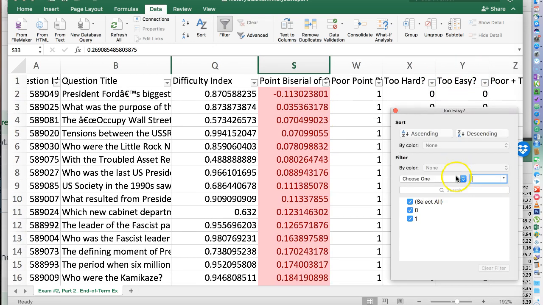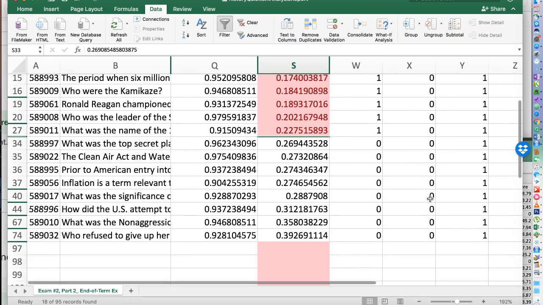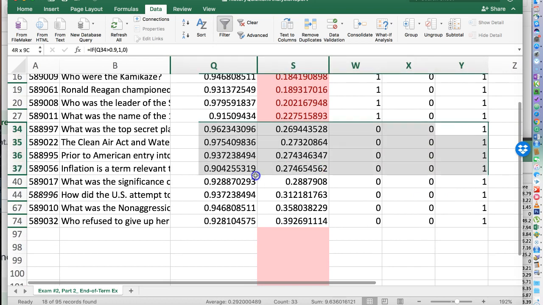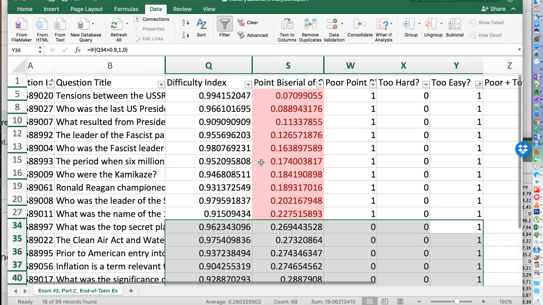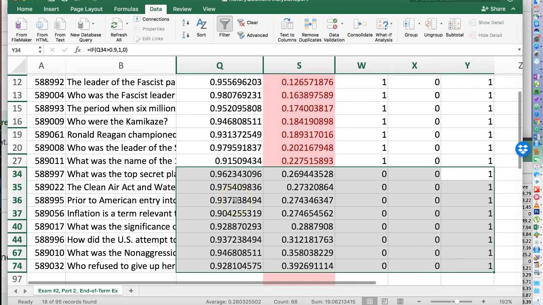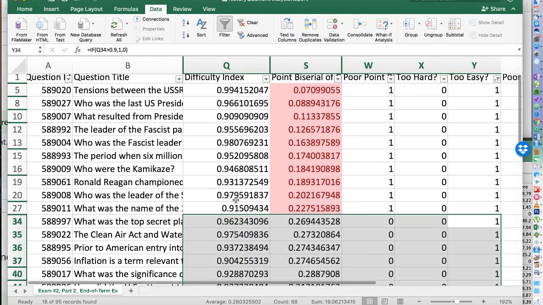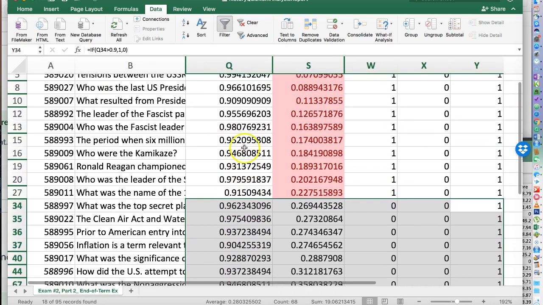Which ones are maybe poor and too easy? If they're good discriminators and too easy, that's pretty good. If they're poor and too easy, it might just be way too easy across the board. You notice that most of these are high 90s.